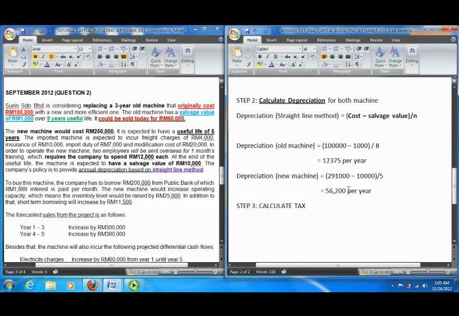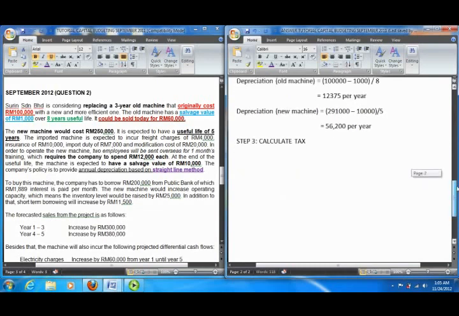So I will show you the formula for how to calculate tax. The formula here is the cost of your old machine. Class, remember, the cost of your old machine minus accumulated depreciation.